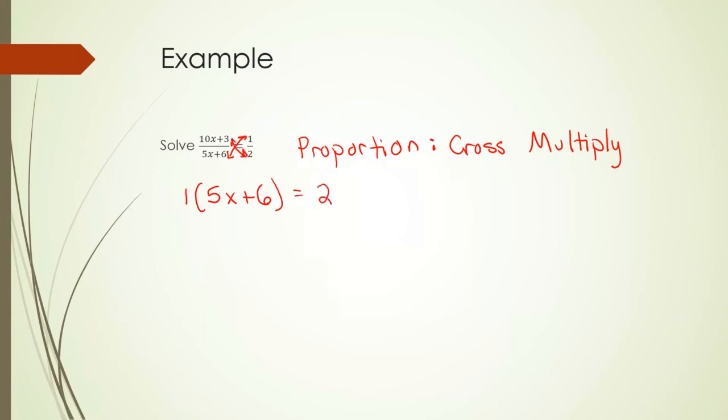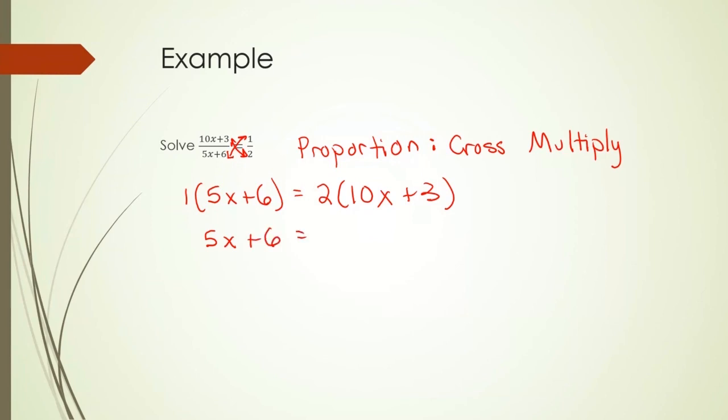I always put the number in front so that it looks like distributing. So that's 1 times 5x plus 6, 2 times 10x plus 3. So now we distribute. When we multiply everything by 1 on the left, we're just going to get 5x plus 6. So that's nice and easy.